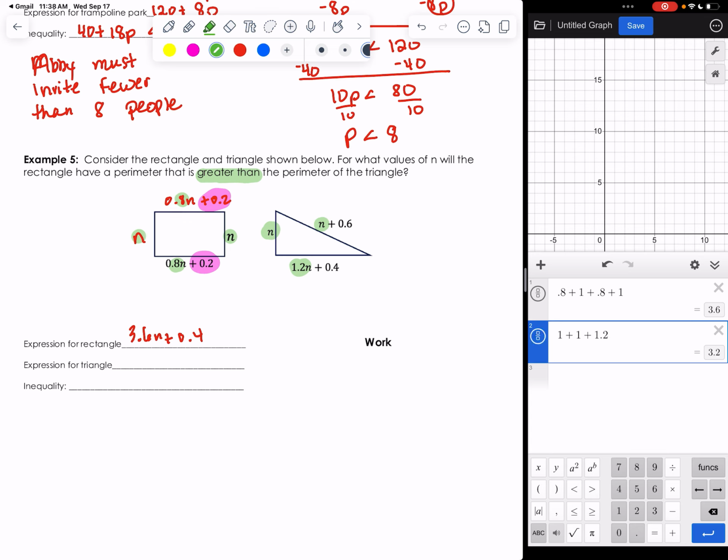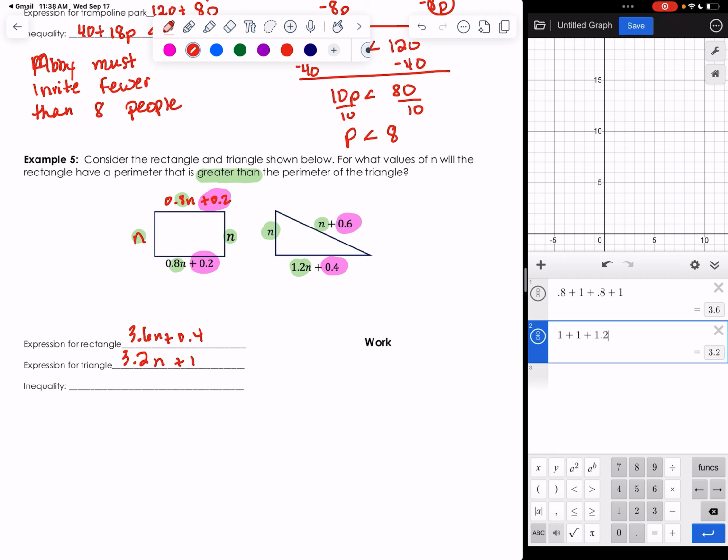So that would be 3.2n. And then I have my constant terms that I need to combine, 0.6 and 0.4. Well, that is just 1 if you add those together. So this would be plus 1.